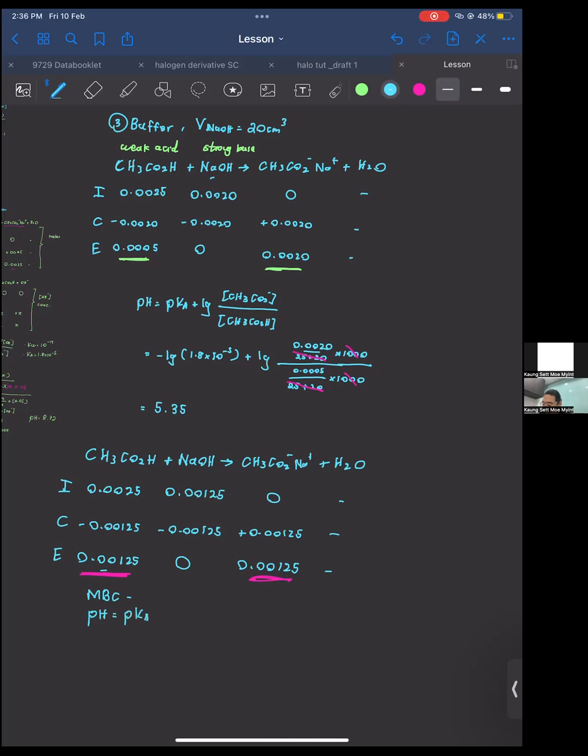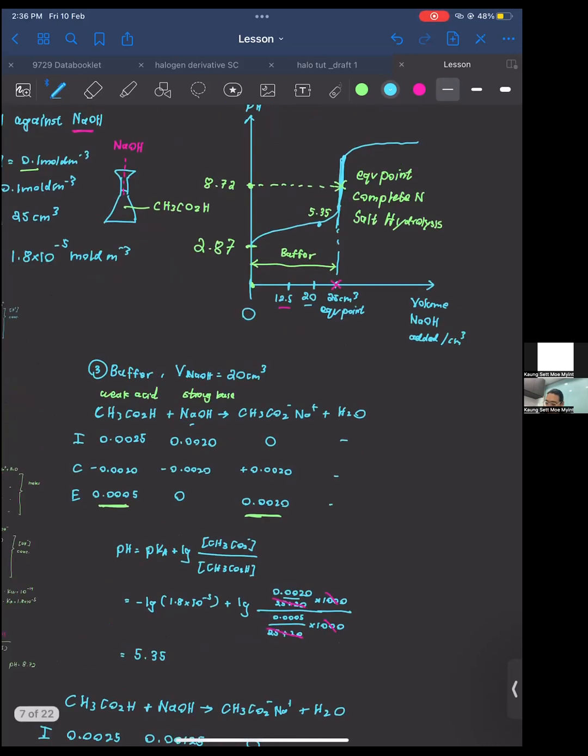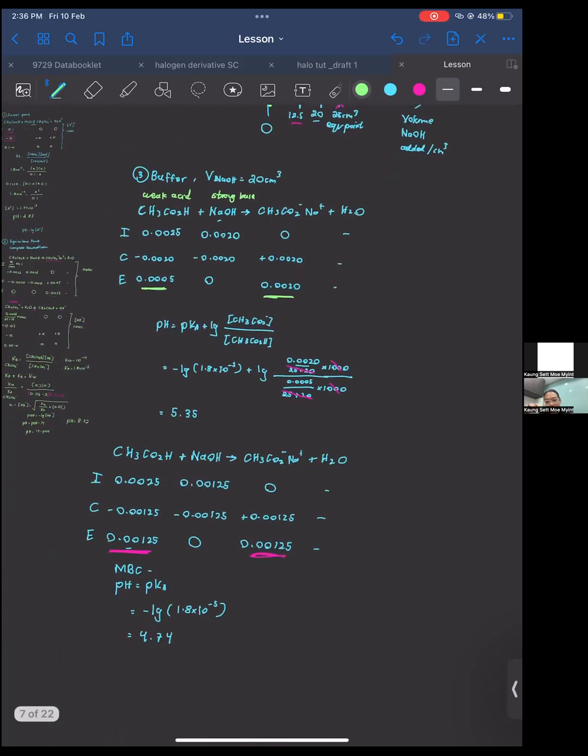So all you need to do is to put in negative log and slot in the Ka value into the formula and solve. That will give you 4.74. This is the pH at 12.5. It is super easy. Okay? But of course, you must remember the principles of how a buffer works. What is maximum buffer capacity?